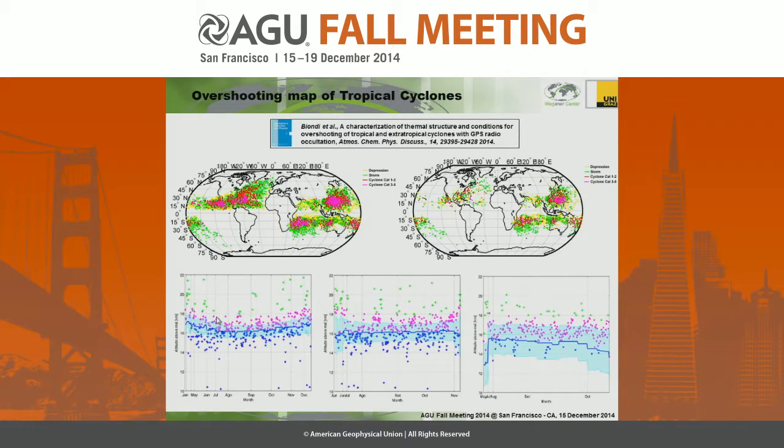So the green dots are supposed to be overshootings, the purple ones are probably overshooting, and the blue ones are not overshootings. So with this technique we can also do it, and this is the map of overshootings compared to the map of the collocation between GPS radio occultation and tropical cyclones.